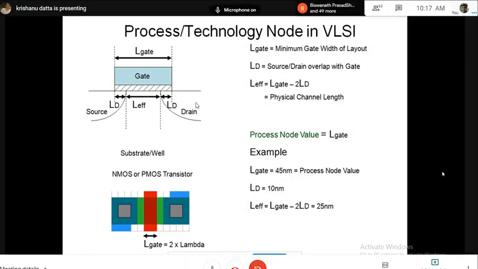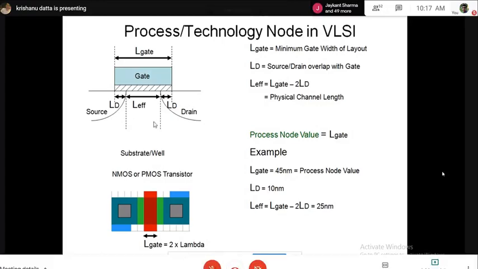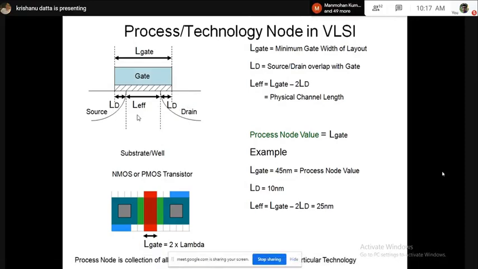For an NMOS transistor, the source and drain doping will be N type, and automatically the substrate will be the opposite type, meaning P type. So for an NMOS transistor, source and drain are N type and the substrate is P type. For a PMOS transistor, source and drain are P type and the substrate will be N type.